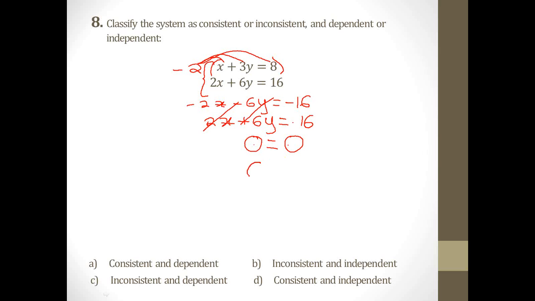If you, for example, had found 0 equals 3, that is a false statement, which will make the system inconsistent and independent. Which means you have no solution.